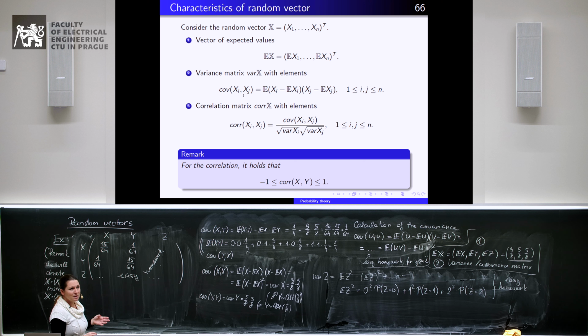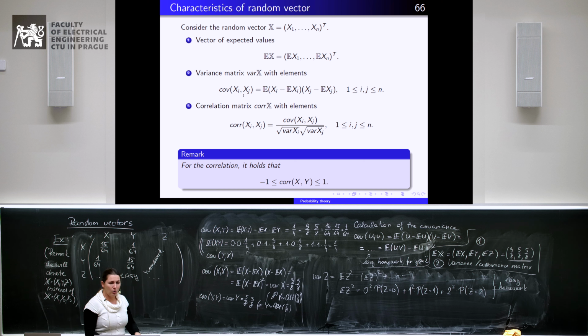When the covariance is negative, we know that in this couple of random variables, one grows and the second one decreases, and so on. But the values have no meaning. The only reasonable meaning is on the diagonal, because there we have the variances. So we have the information of how wild the random variables are. But outside the diagonal, the information is quite weak.